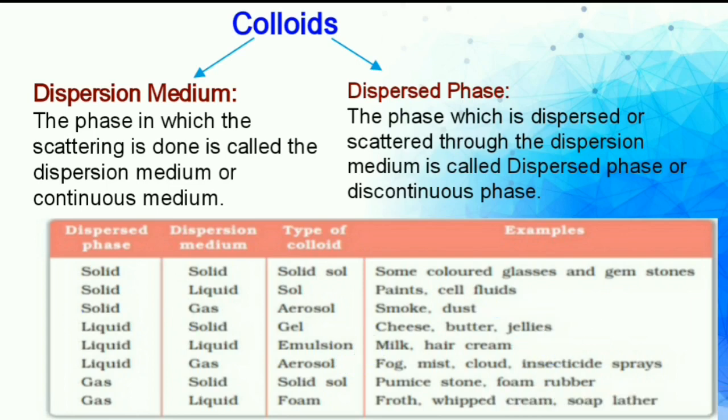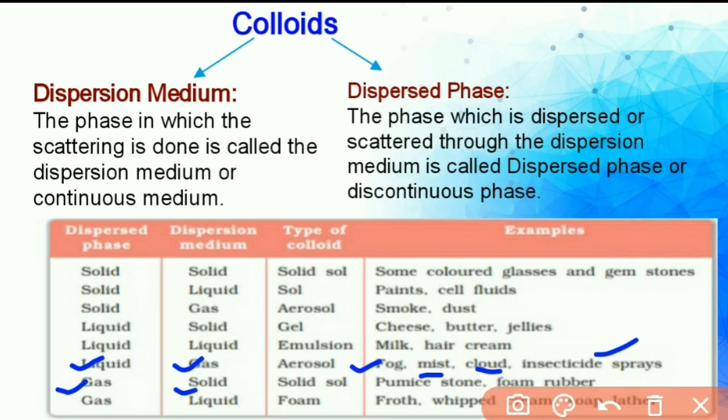Next, when the dispersed phase is liquid and the dispersion medium is gas, the colloidal system is called aerosol. Examples are fog, mist, cloud and insecticide sprays. When the dispersed phase is gas and the dispersion medium is solid, the system is called solid sol. Examples are pumice stone and foam rubber.